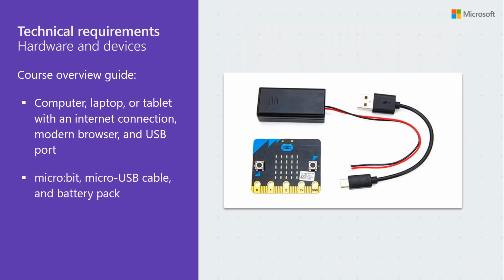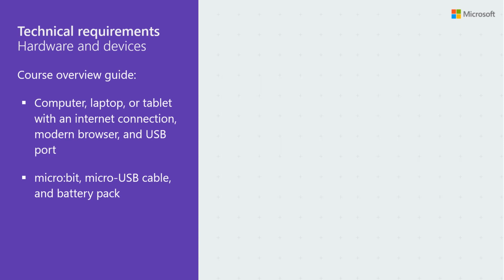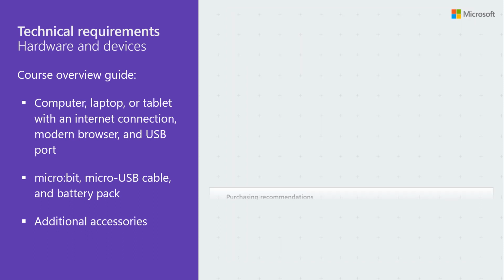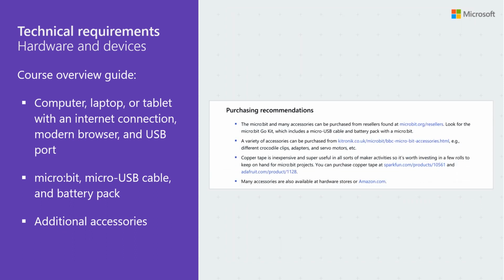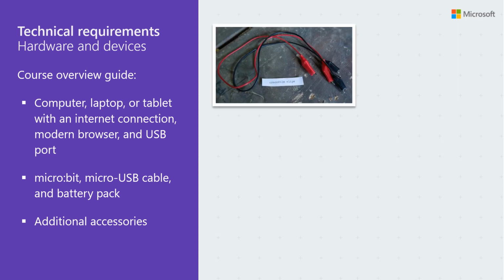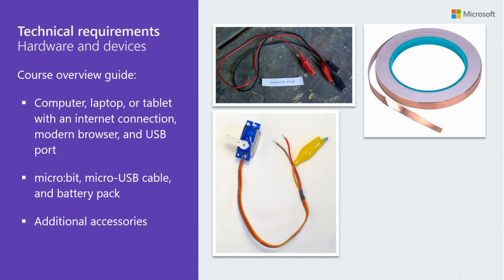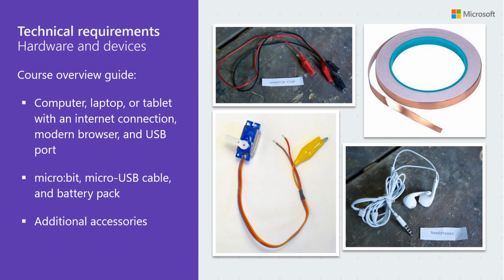And then the students will need the microbit, the micro USB cable, and the battery pack. Now, to meet some of the project design specifications, additional accessories are recommended. So be sure to see this section of the guide for the complete list and purchasing recommendations for things like crocodile clips, servo motors, copper tape, and headphones or speakers.